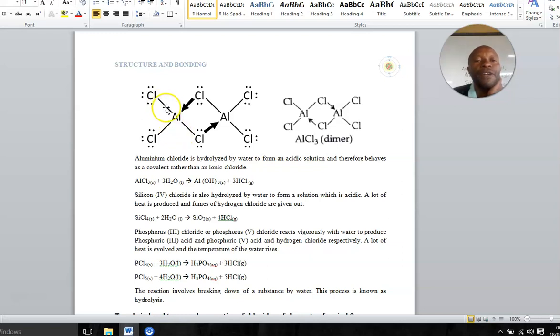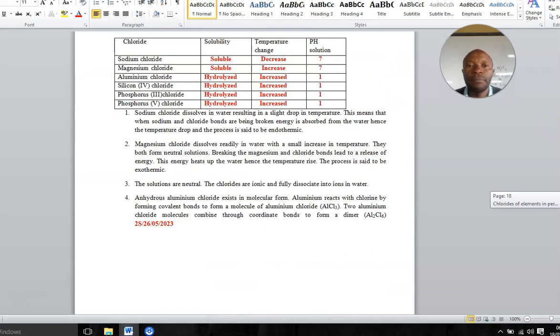So we have now a total of 6. The aluminium atom requires 2 electrons. So they are donated by a chloride from the neighboring aluminium chloride molecule, and therefore you have 2 coordinate bonds. So you should be able to draw that under structure and bonding, dot and cross structures. That is important to be able to draw. So that is what happens with aluminium chloride.